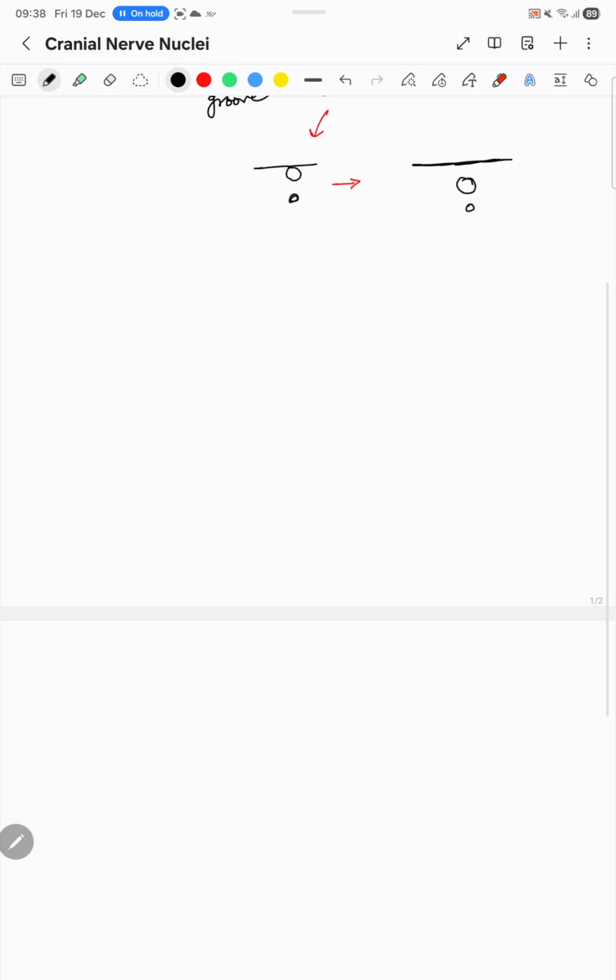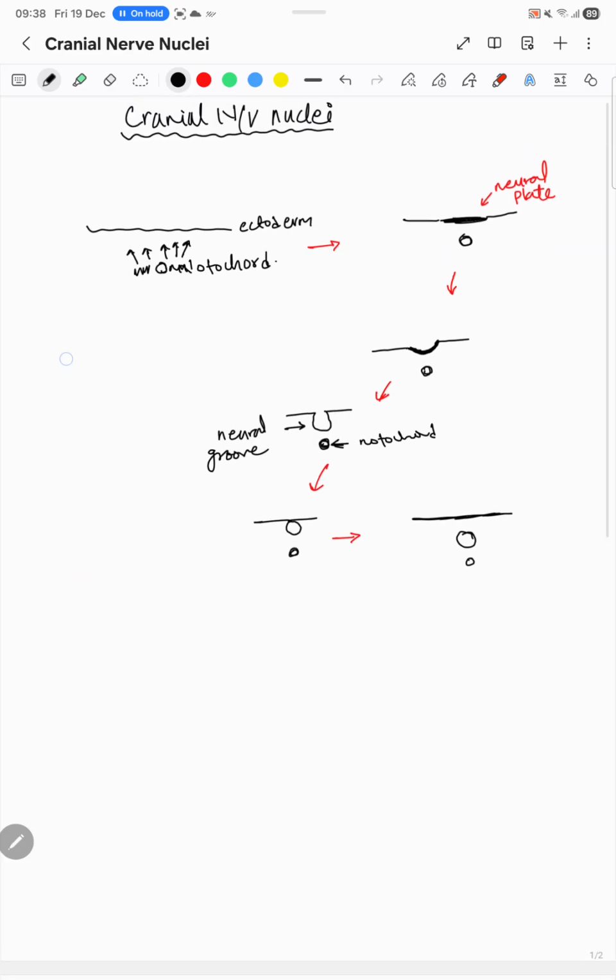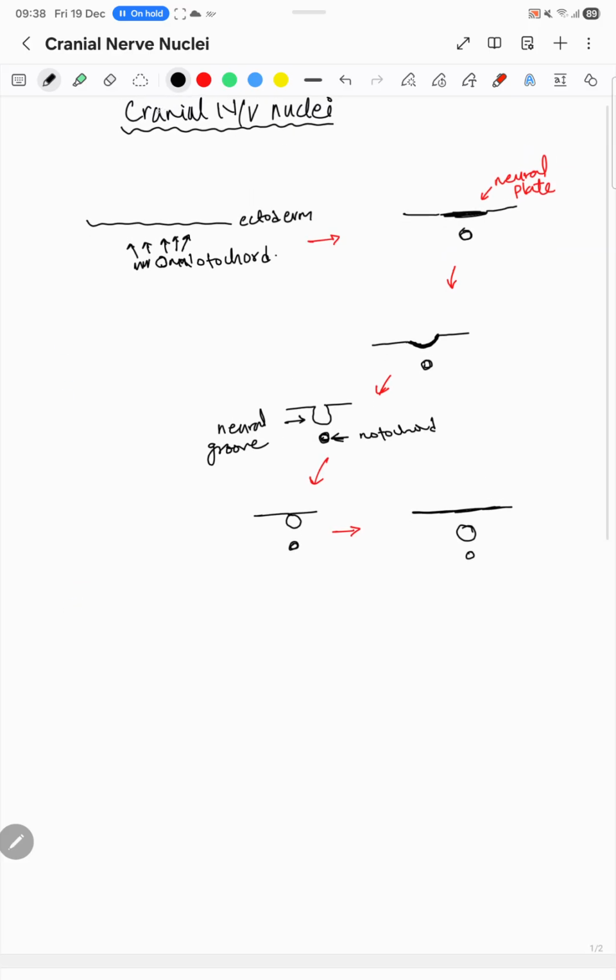If I can show you an enlarged section of this neural tube, because what is our topic? Our topic is actually the development of the cranial nerve nuclei. So let's say this, for example, happens to be the neural tube, right?